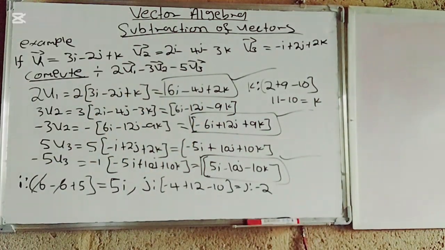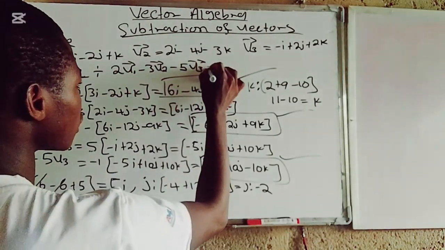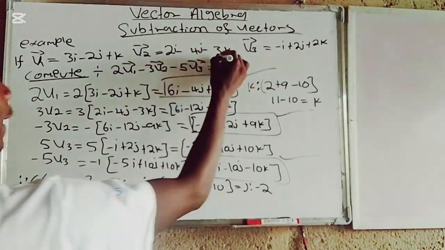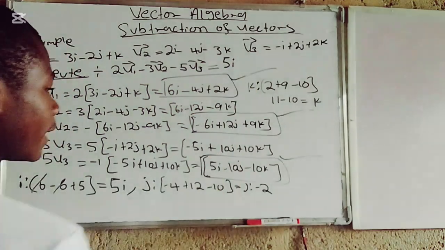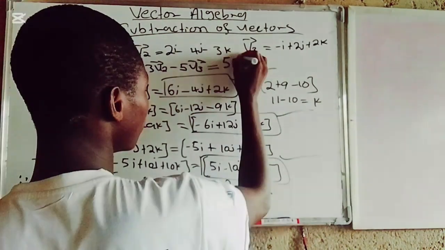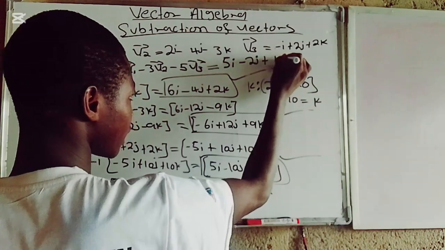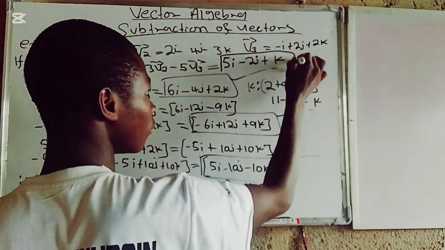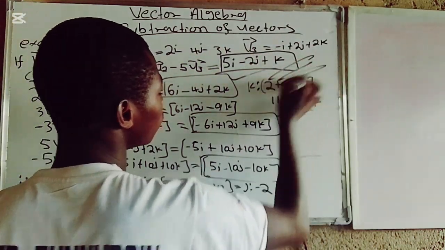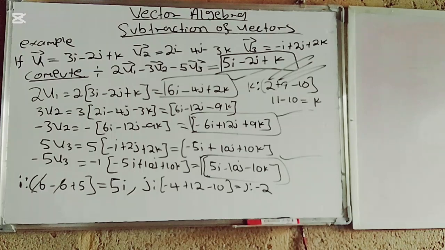So at the end, 2v1 minus 3v2 minus 5v3 will now be equal to 5i minus 2j plus k.